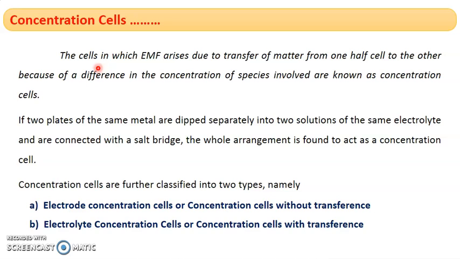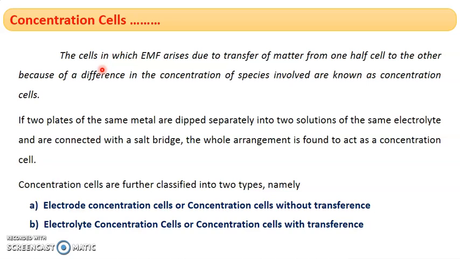The difference is that in concentration cells, the electrodes or the electrolytes are similar or identical. In galvanic cells, two different electrodes are taken, but in concentration cells, we take both electrodes made up of the same metal.